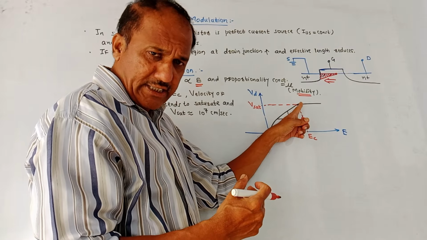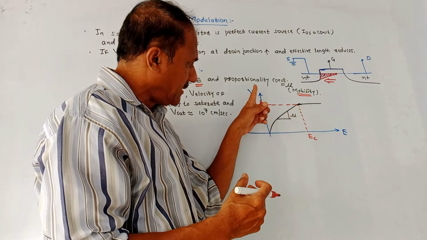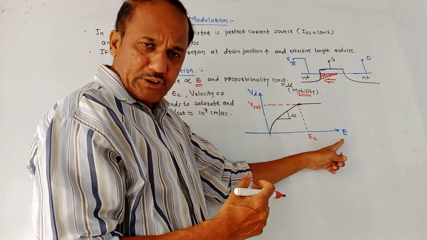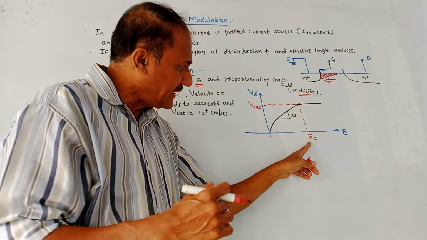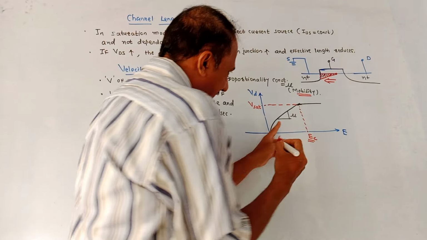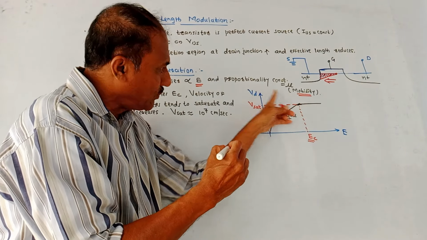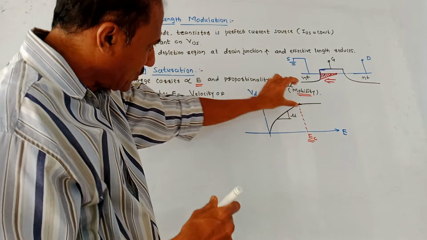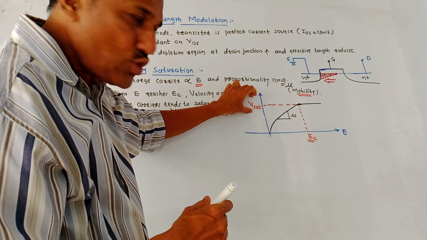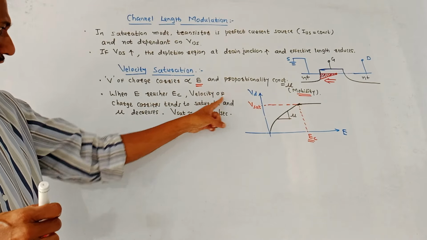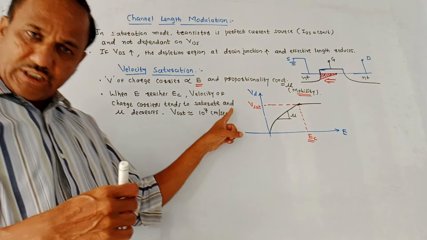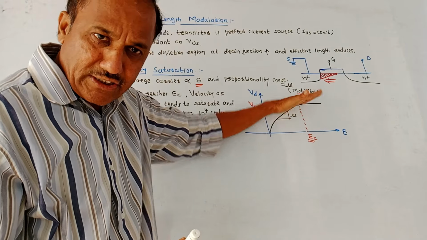Initially VD increases fairly with respect to E. But once the electric field reaches a critical value, that is EC, the graph will not increase. That means velocity will not increase. It remains constant. This is called the saturation velocity. So when E reaches EC, the velocity of a charged carrier tends to saturate. That means this value will not increase further.